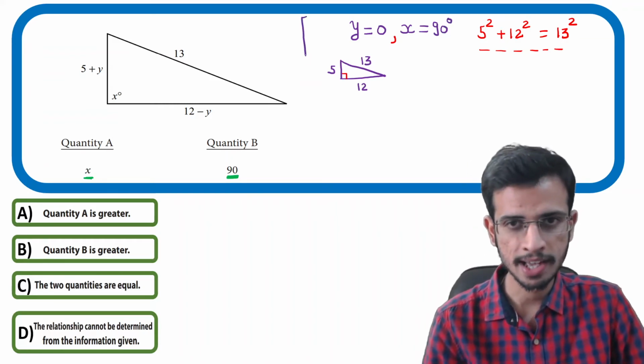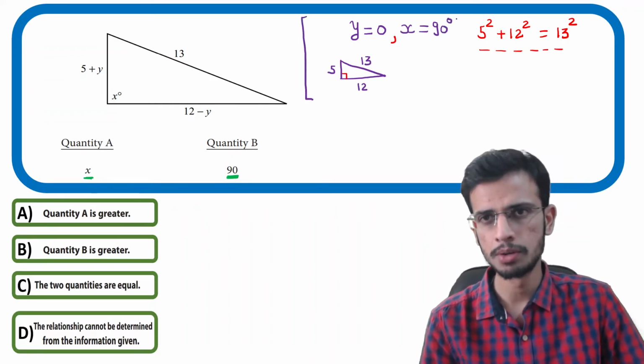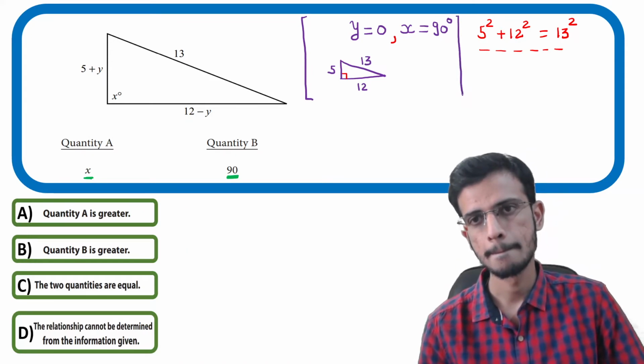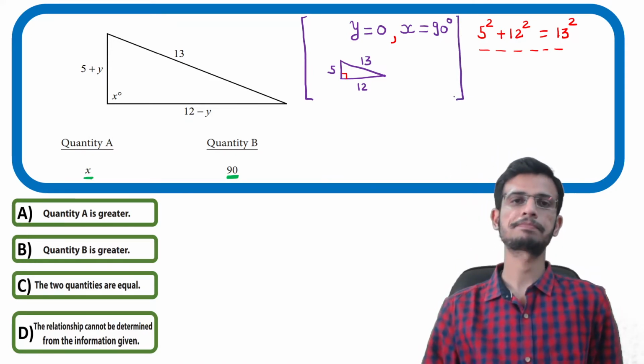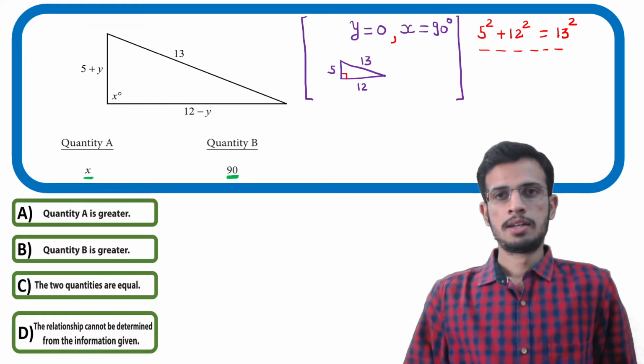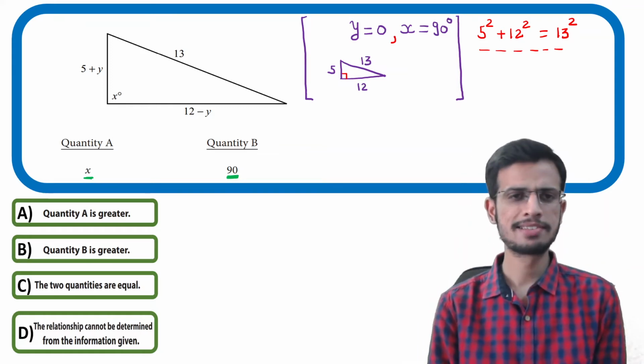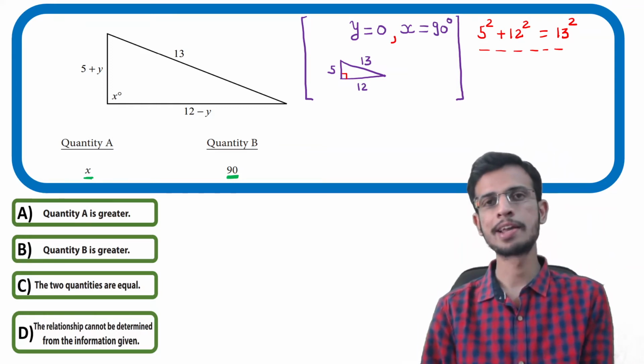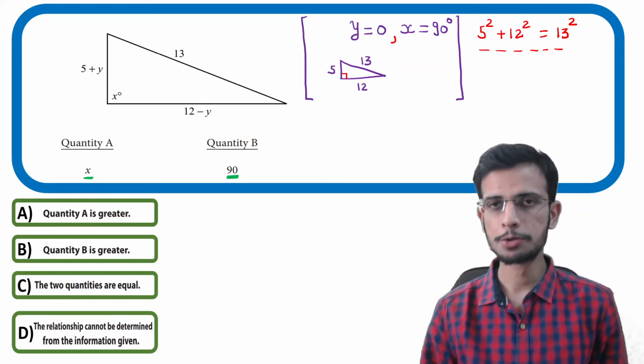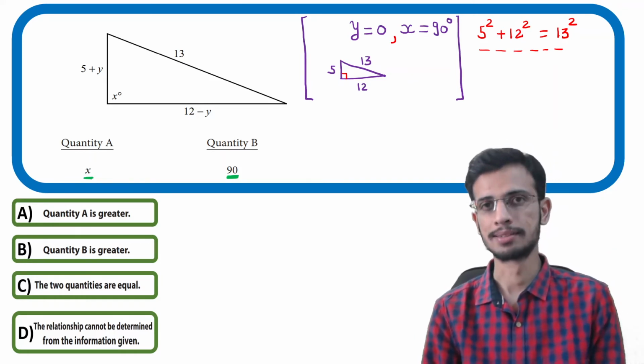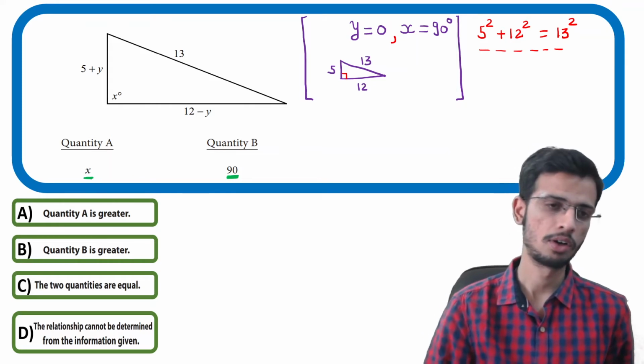In this particular scenario, if you put y equal to 0, this will happen, right? You will say, sir, quantity A and quantity B are both equal, but we have to check for other values of y as well. What about other values?